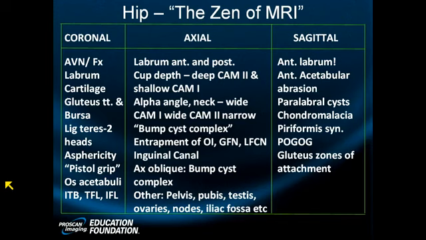We'll talk about that in a moment. In cam, the abrasions start out anterosuperiorly. In pincer, the abrasions start out postero-inferiorly. In cam, not a lot of spurs, so spur poor. In pincer, spur rich, big ones. The severity of arthrosis is always worse in pincer impingement than it is in cam type impingement.